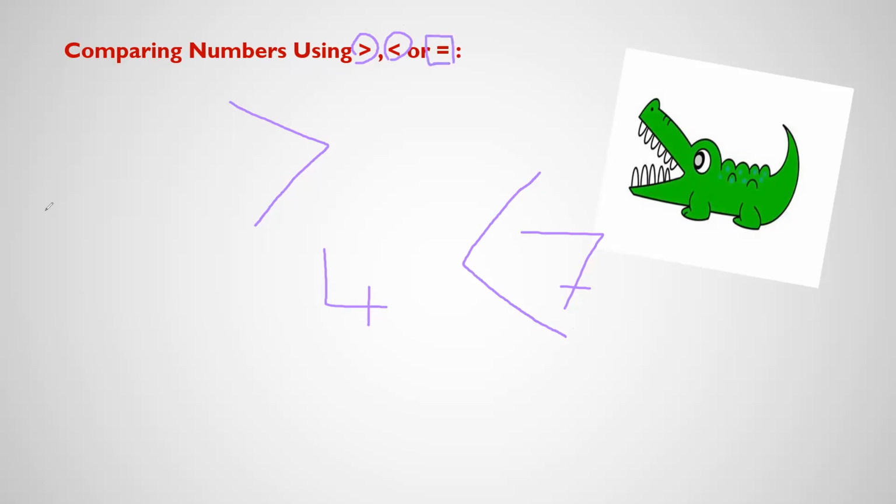So again, we have 3 signs. The first sign is called greater than. It means that the mouth will eat the big number, and big means greater. Here, this is less than, he will leave the small number. And when they are the same, he can eat this or this. They are equal to each other.